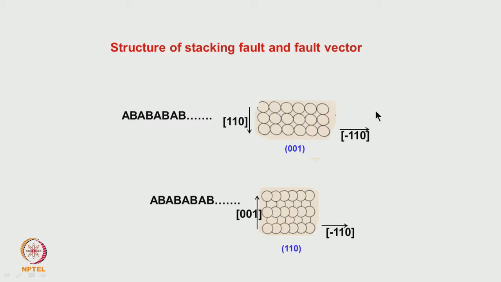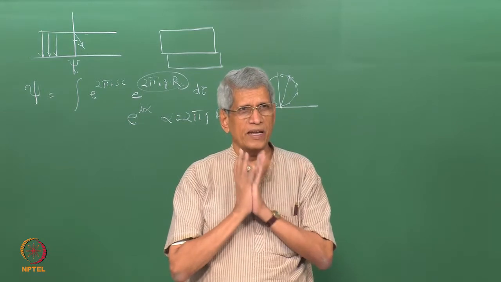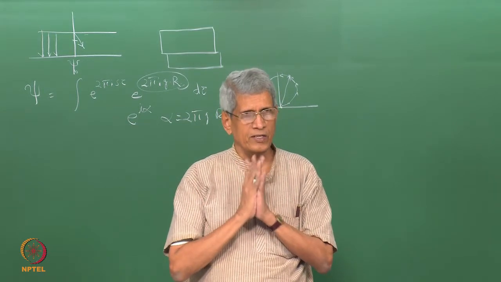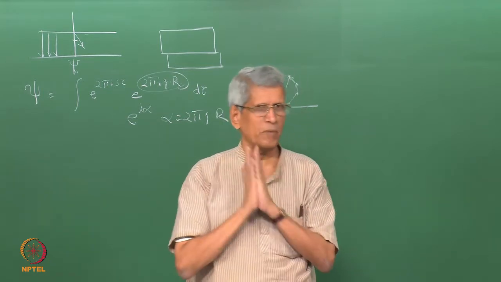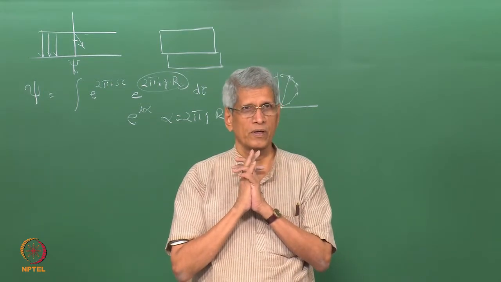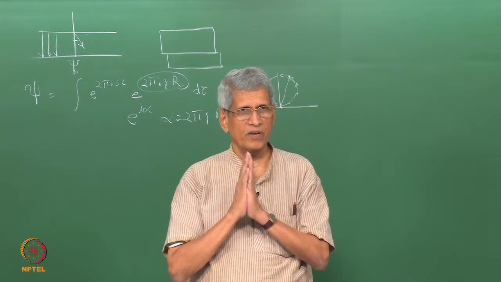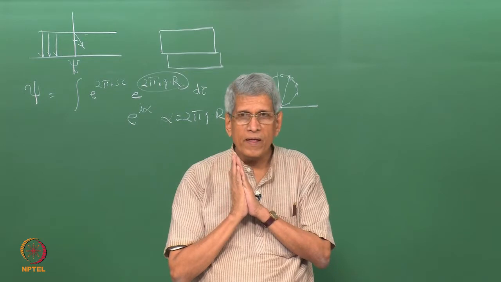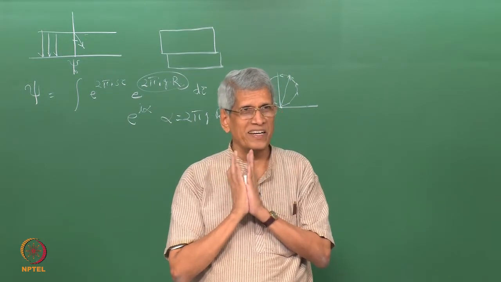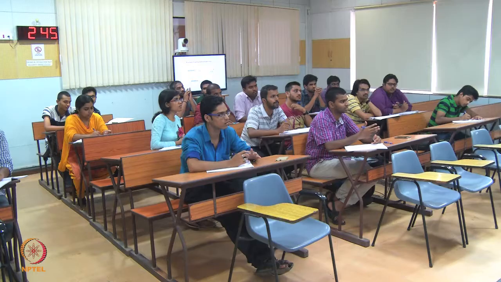What is a stacking fault? In FCC, let us take that case. It is the easiest one which has been very well studied crystallographically as well as in microscopy. What is the sort of defect which it introduces? Introduction of a fault, what does it do?